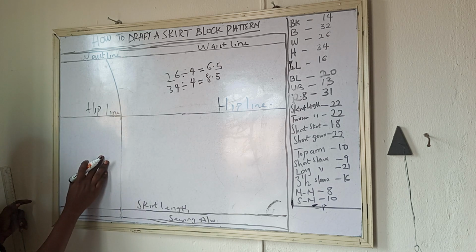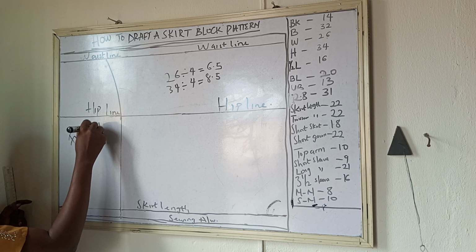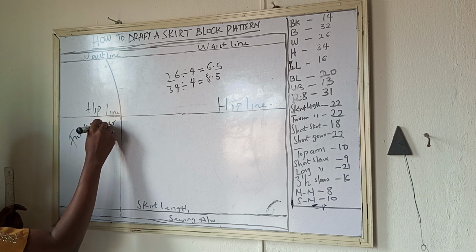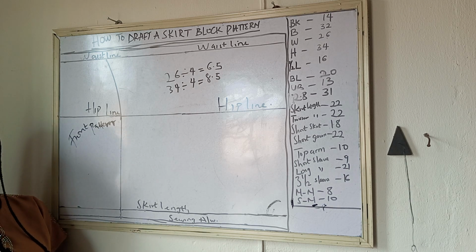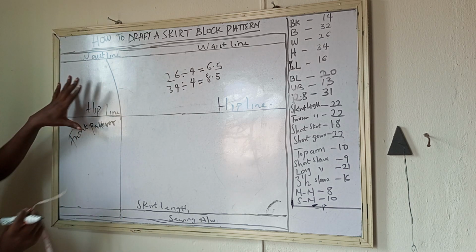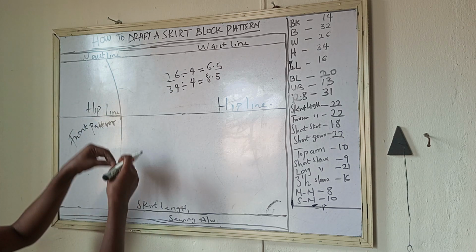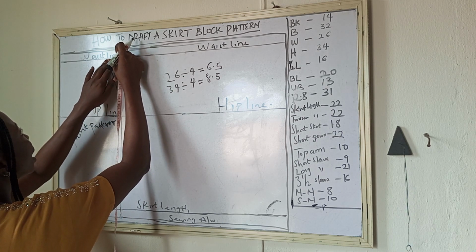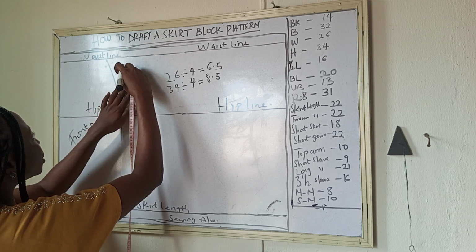So here we have our front pattern. It is very simple, as simple as ABC. Since this is our actual measurement, we're going to be inputting our sewing allowance. I'm going to be using 1 inch sewing allowance. So this is 1 inch.